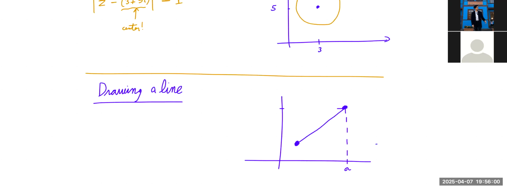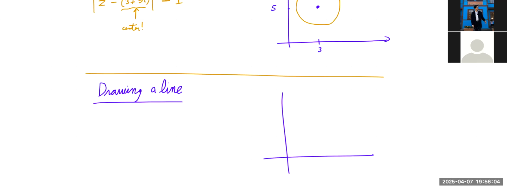It's better this way. One second. So let's say that you want to draw a line starting at this point and going, you know, in that direction, for instance.